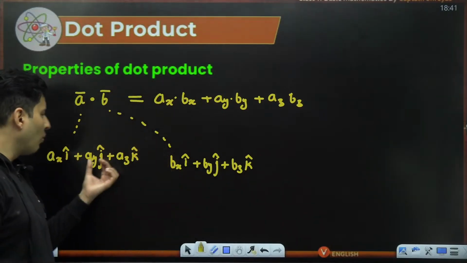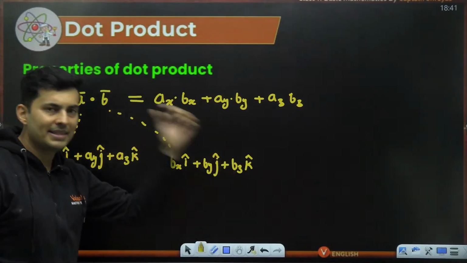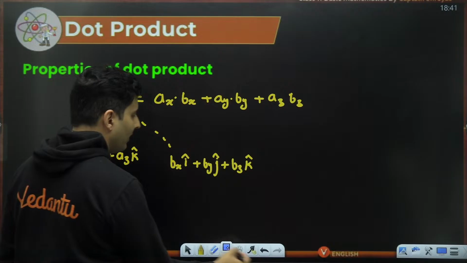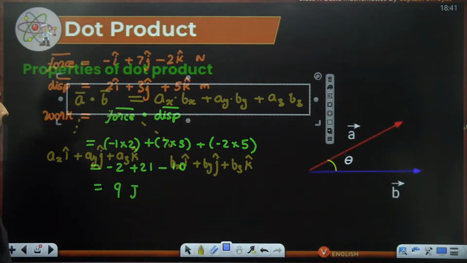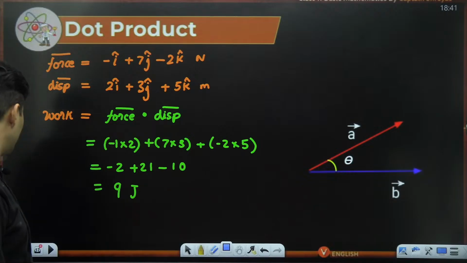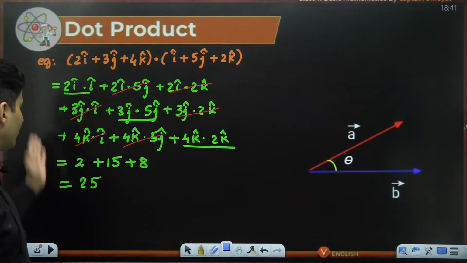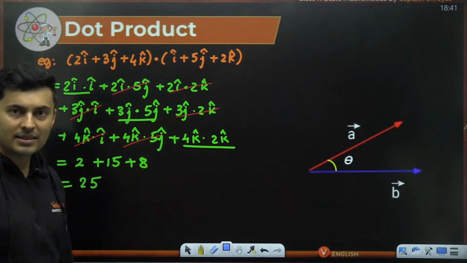X with X, Y with Y, Z with Z. That's it. That is your final result. So you can multiply any big vectors now by using this logic, like I've shown over here.